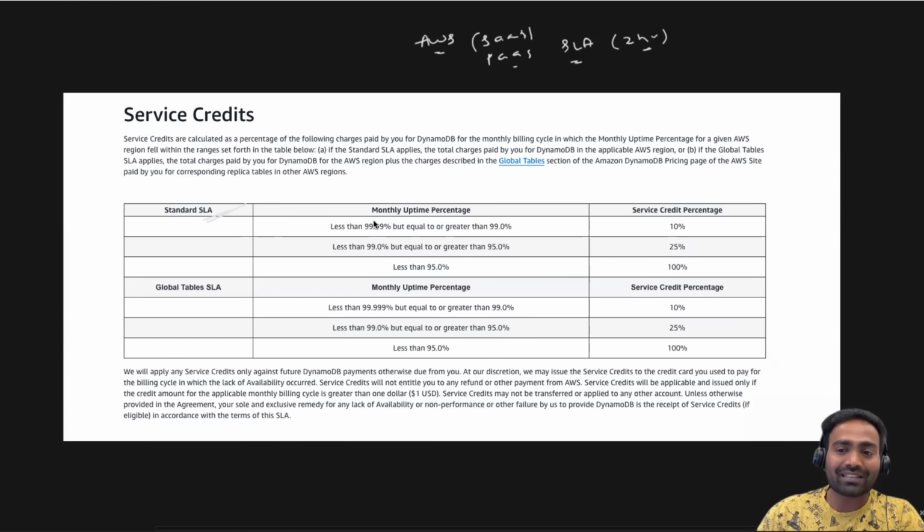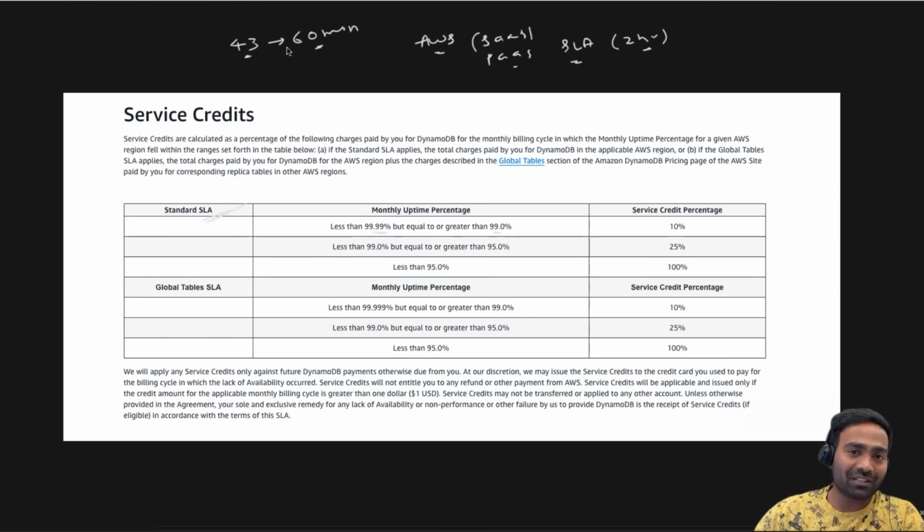So AWS says the service level agreement for DynamoDB is 99.99% or greater than 99%. So if you consider somewhere between 99.99 and 99, roughly I just calculated it comes to 43 minutes or just around 60 minutes. But this outage was for 2 hours.